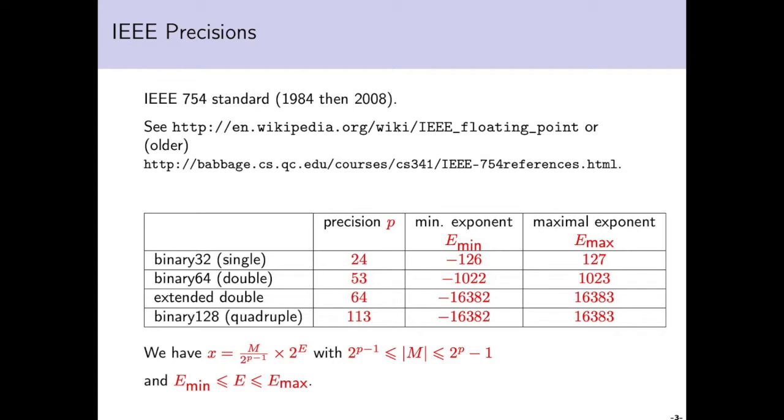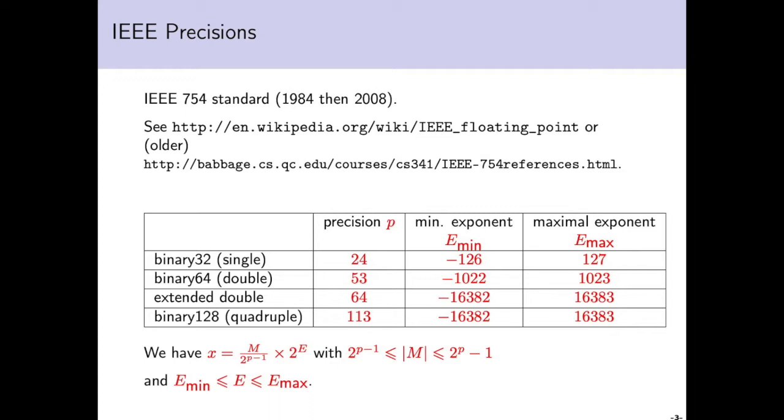There are many requirements about floating point numbers, and in particular they distinguish certain formats for representing the numbers. We will deal with these fundamental formats. The first one is binary32, which used to be called single precision. Here the precision p is 24, and the exponents are between these two values.